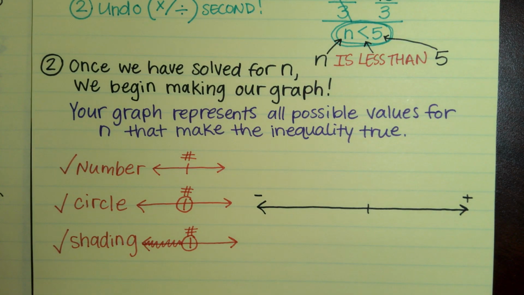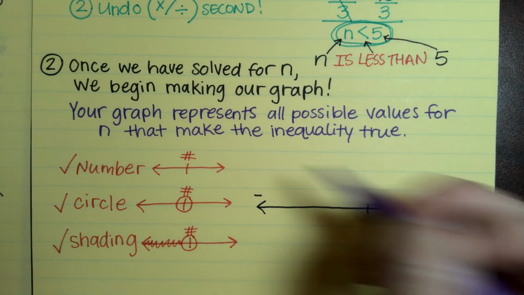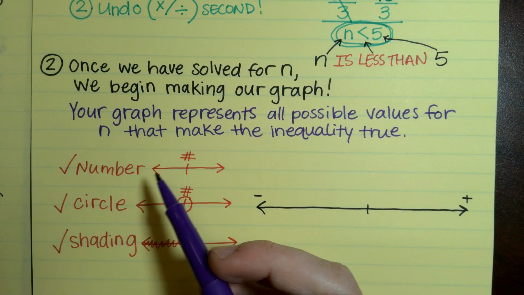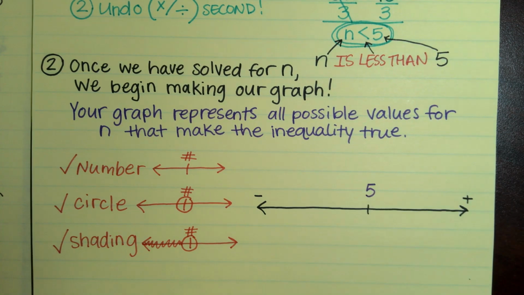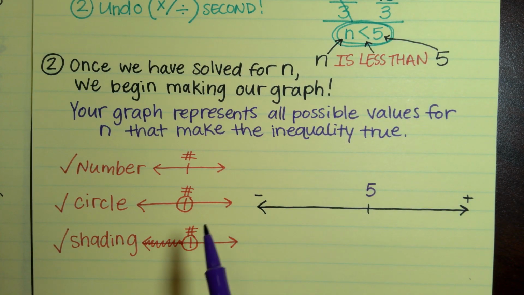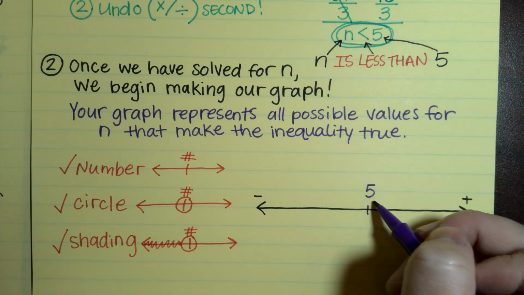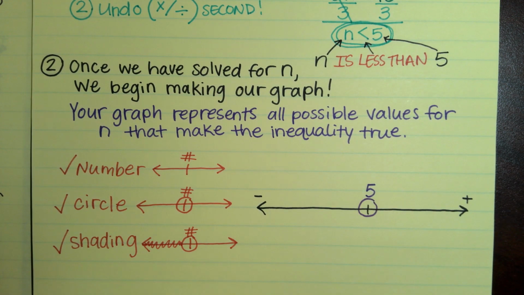So how are we going to show that on our graph? Yes, first we're going to do the first thing it says to do. Write the number. 5 is our number. Then we need to do what? Circle. And right now we're just working with open circles.